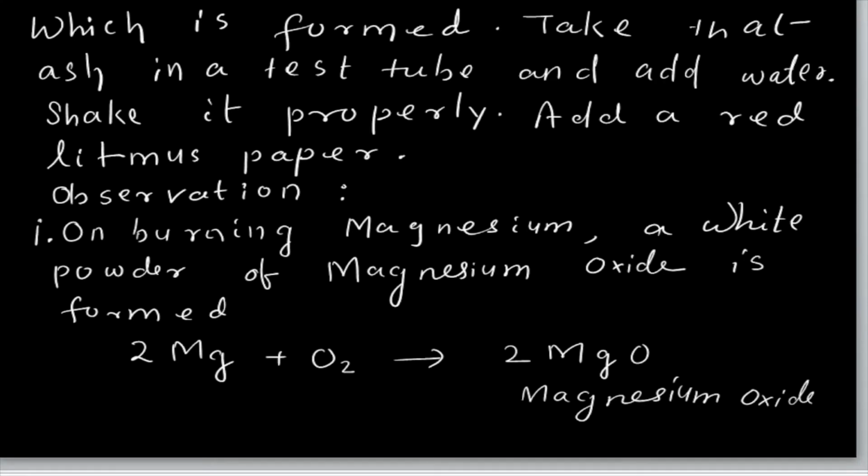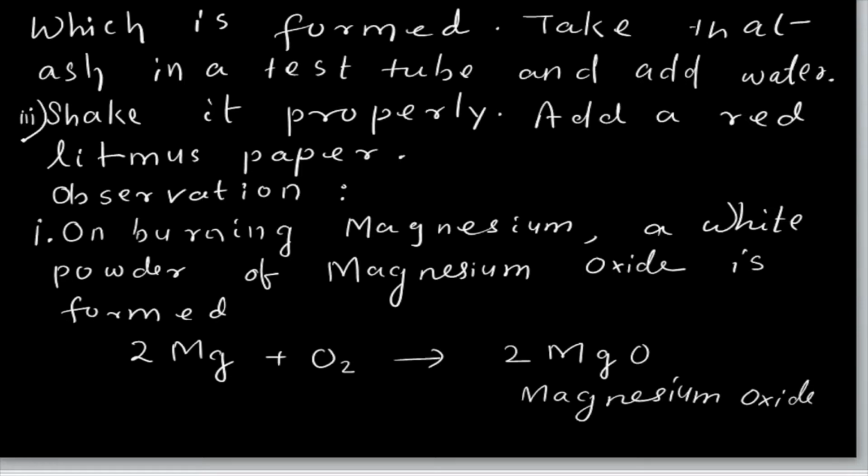Take that ash in a test tube and add water. Shake properly. What will you do next? You shake properly and add a red litmus paper.